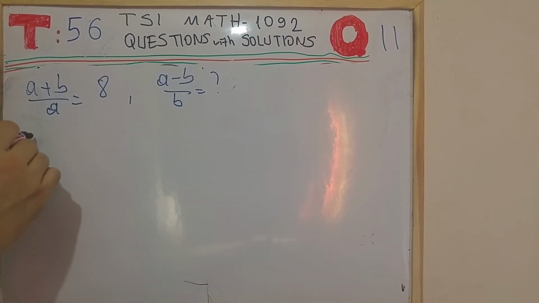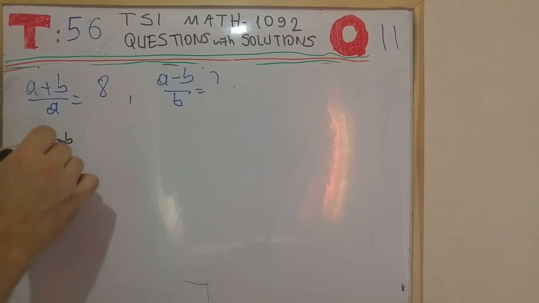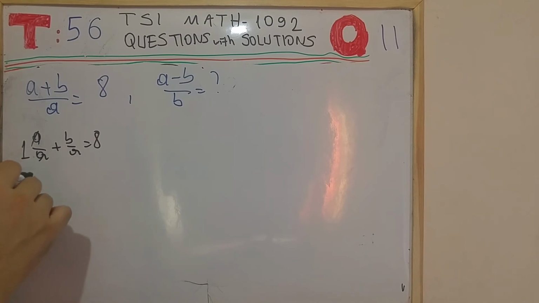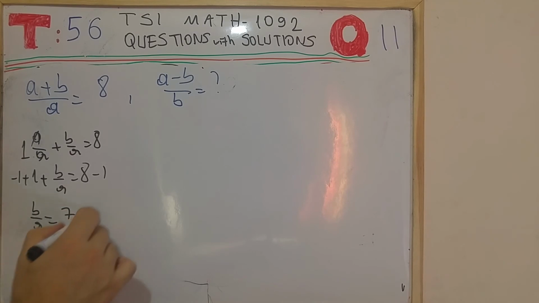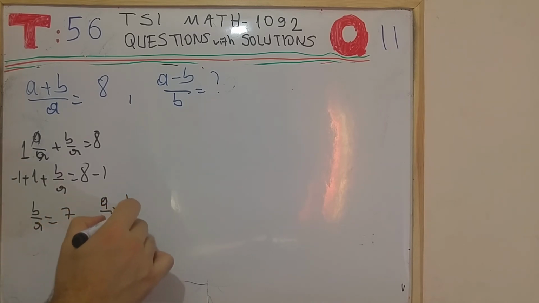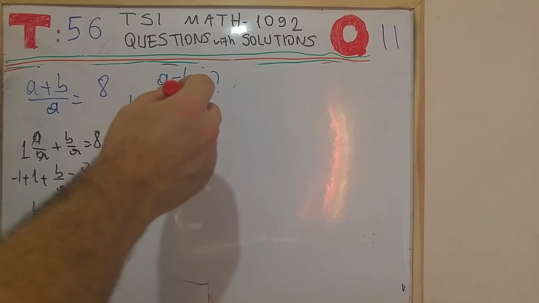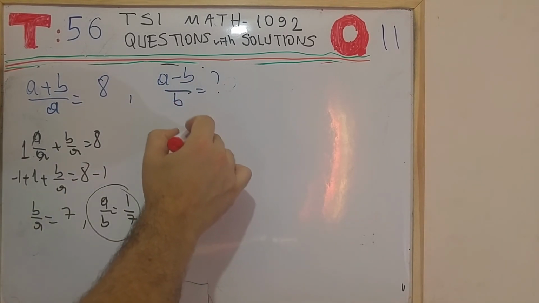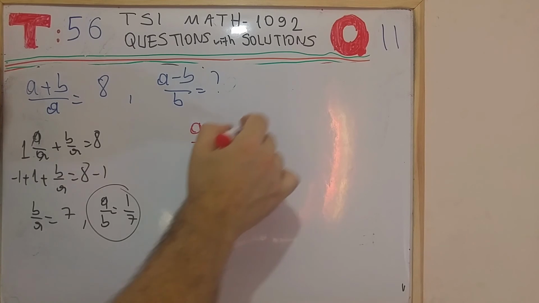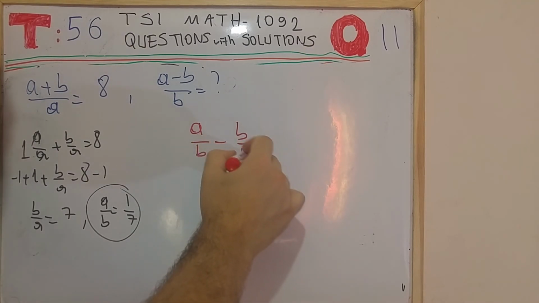We can express this equation as a over a plus b over a is equal to 8. And a over a is equal to 1, so we can say that 1 plus b over a is equal to 8. When I subtract 1 from each side, b over a would be equal to 7. Therefore, a over b is equal to 1 over 7, which is the reverse. Keep this in mind. Let's jump into the other equation now, the second one. a minus b over b could be written as a over b minus b over b.